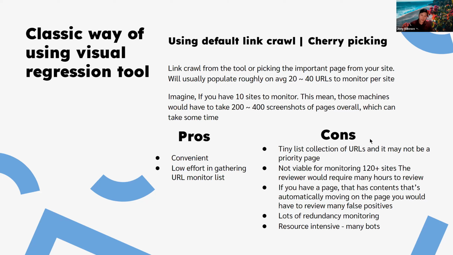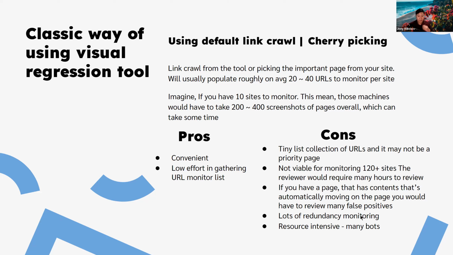Especially if you have a page with automatically moving content, for example an event on your homepage that changes every couple of days, the screenshot will flag it, thinking that it is something different.